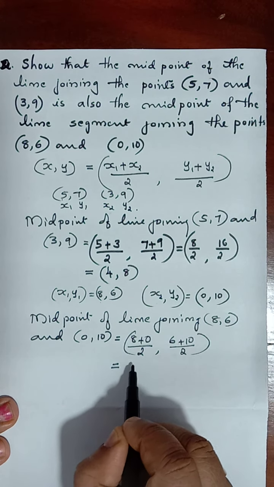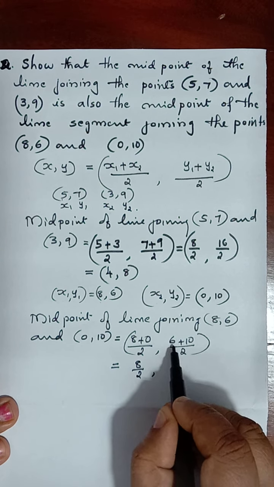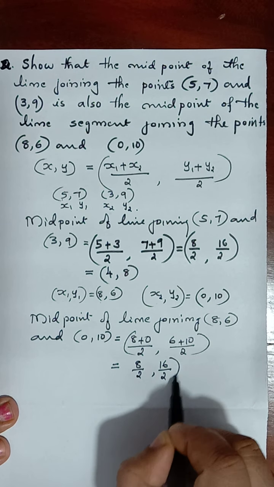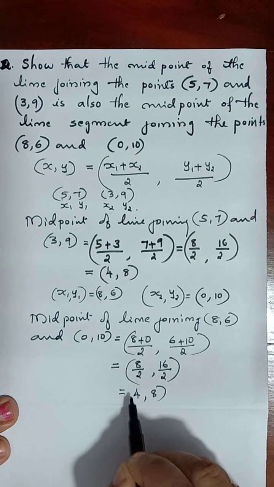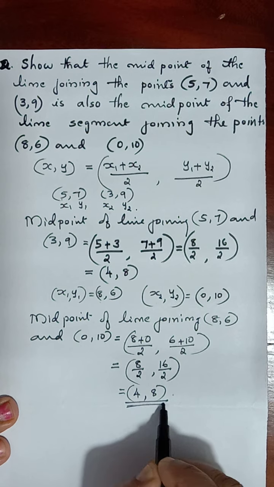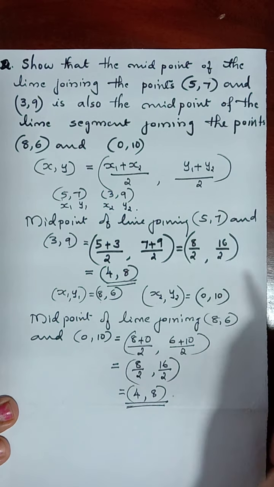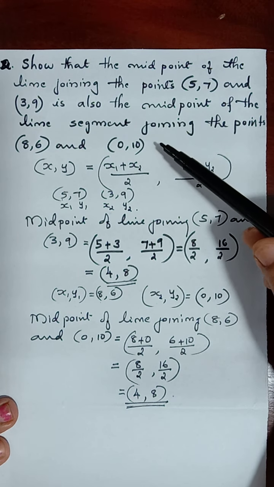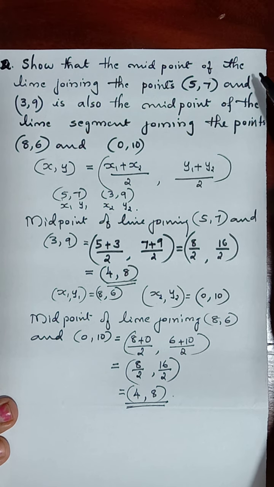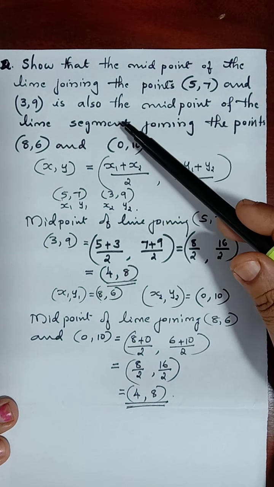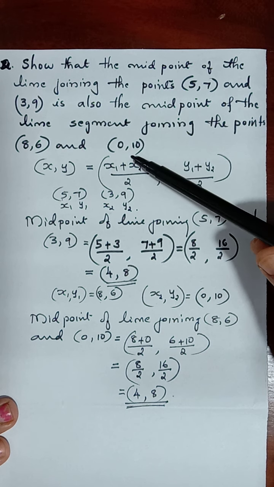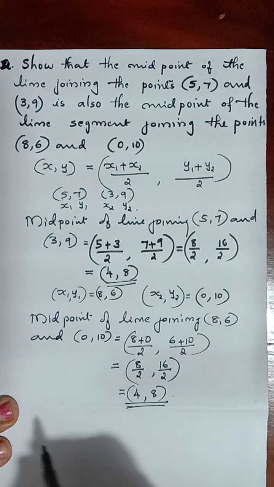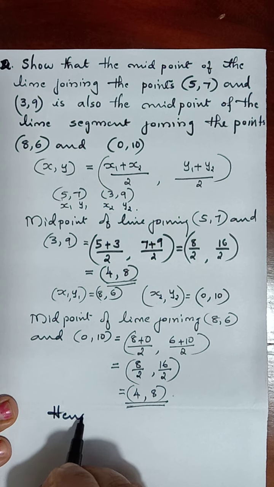That is 8 by 2 equal to 4 and 16 by 2 equal to 8. Therefore, we got the same midpoint. That is how we have shown that the midpoint of the line segment joining the points 5, 7 and 3, 9 is also the midpoint of the line segment joining the points 8, 6 and 0, 10. Hence shown.